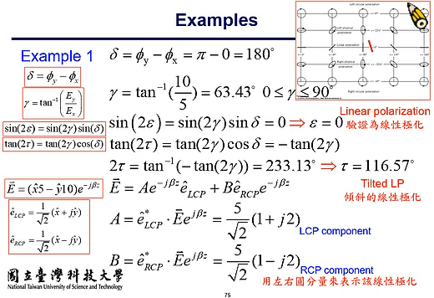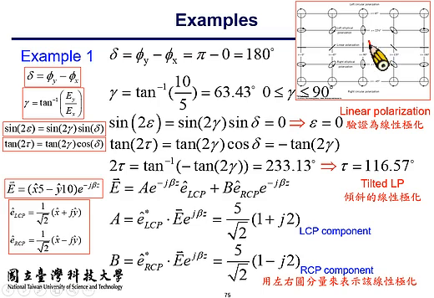The tau value of the field can be found as tangent of 2 tau equals tangent of 2 gamma times cosine delta. Cosine delta equals -1 because delta is 180 degrees. So 2 times tau equals 233 degrees, so tau equals 116 degrees.